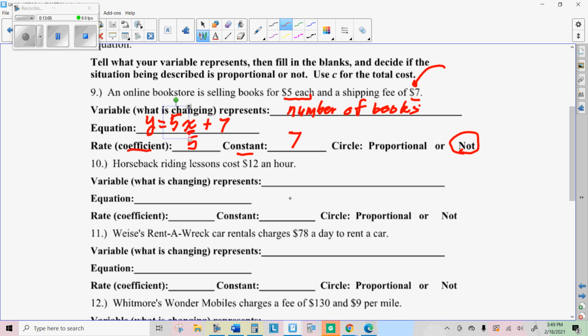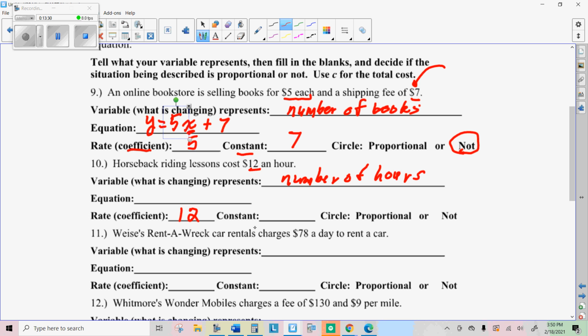All right, so let's do one more together here. Horseback riding lessons cost $12 per hour. What's going to change is the number of hours that you rent the horse. So let's write that number of hours. And the rate is the coefficient.